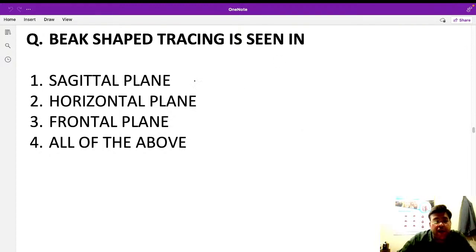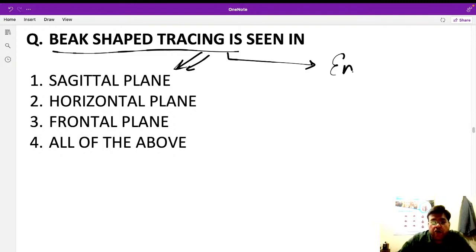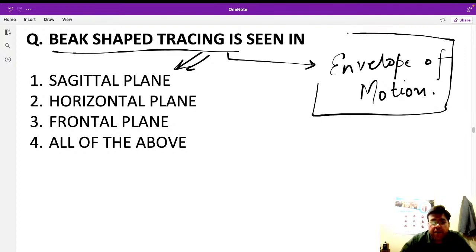So, beak shaped tracing, other than the sagittal plane, is also there when you talk about the envelope of motion. Envelope of motion also looks beak shaped. So in your question, they will never put both these options. It will be the sagittal plane, and the other one is the envelope of motion. If you see the complete envelope of motion, that also looks beak shaped. What is the shape in the horizontal plane?